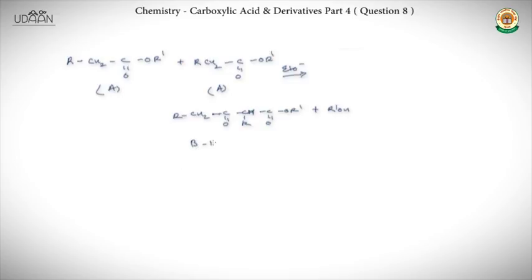This is the beta keto ester, which is B, and this is the alcohol, which has been given as ethanol in the question. So here directly R dash comes out to be C2H5, that is CH2CH3. So now we know R dash.